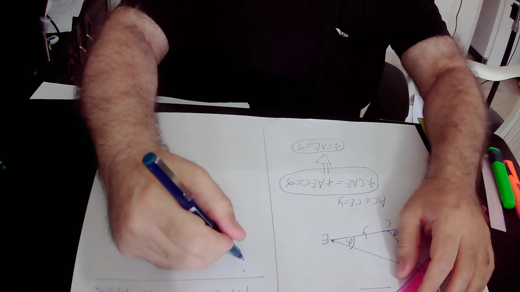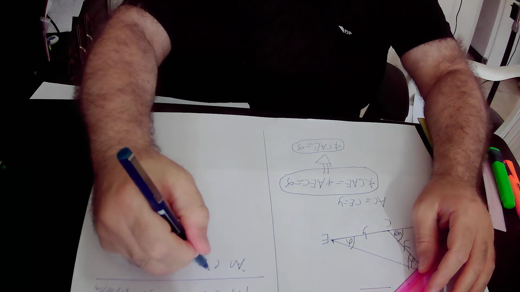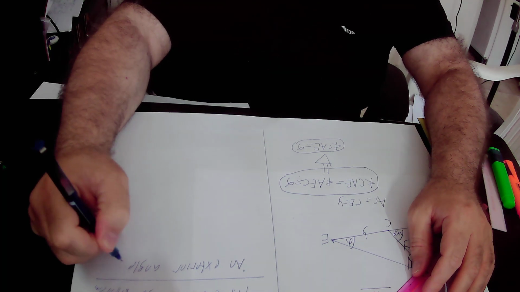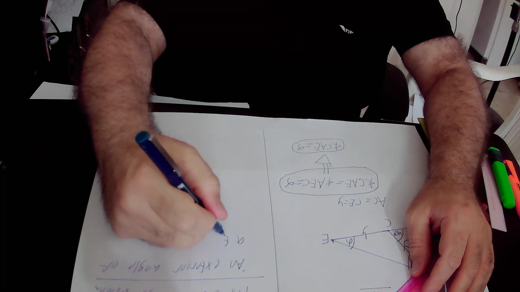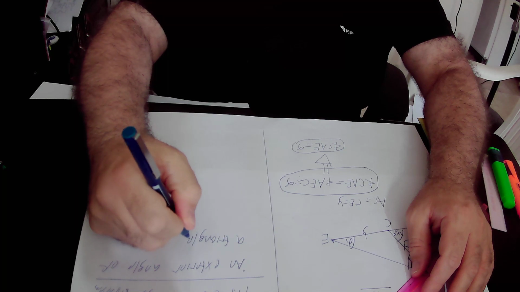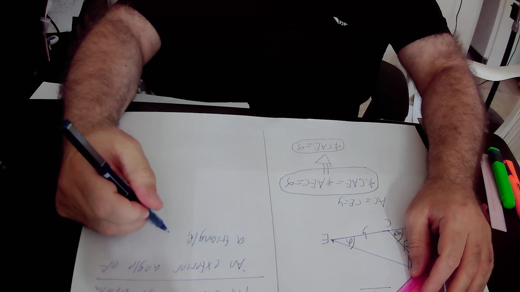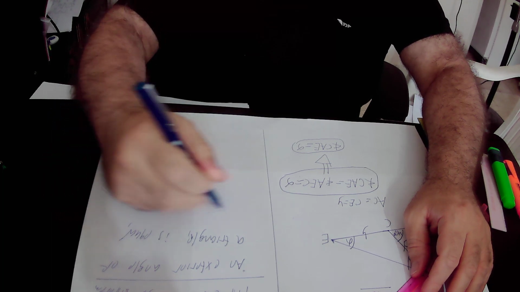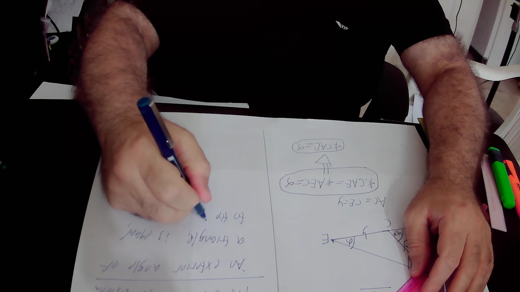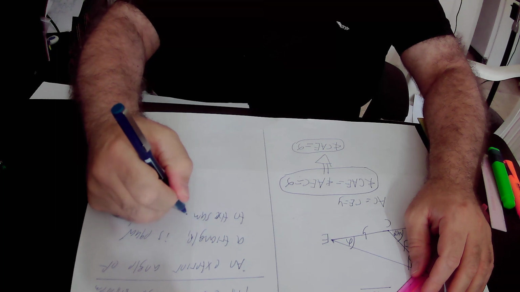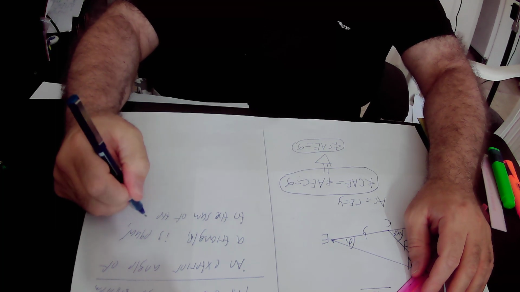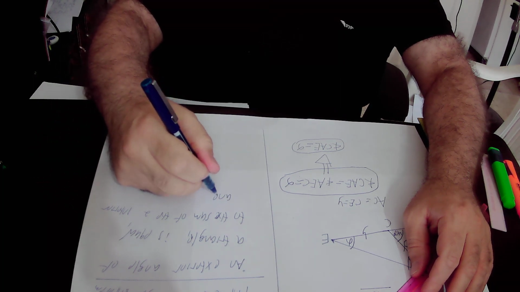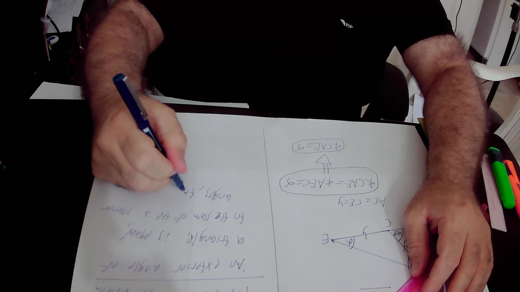an exterior angle of a triangle is equal to the sum of the two interior angles that are not adjacent to it.